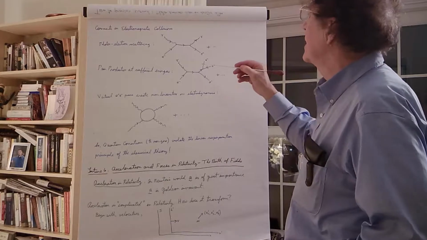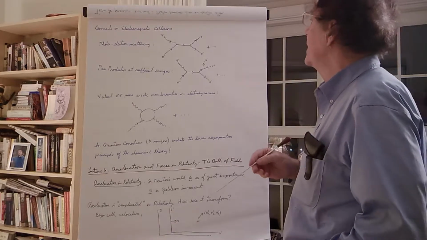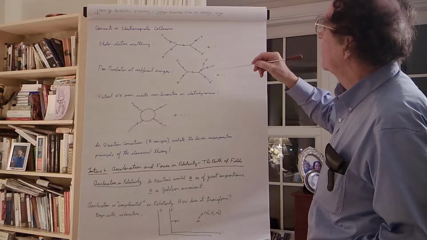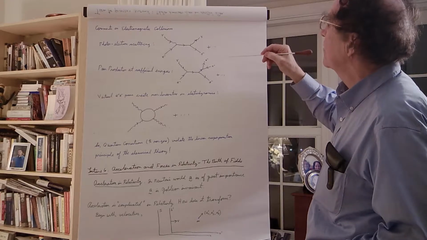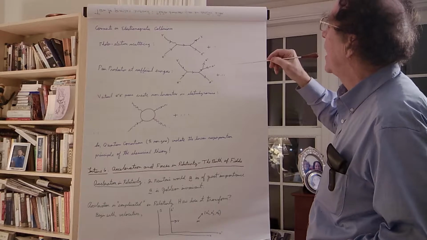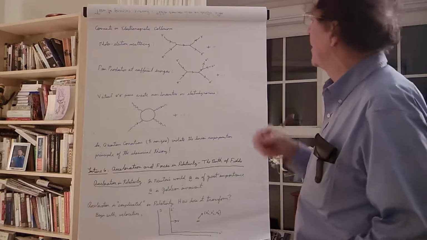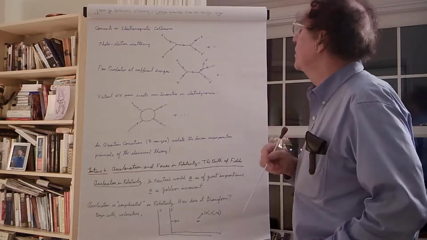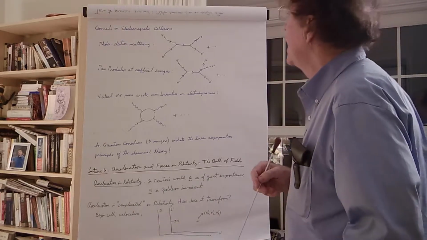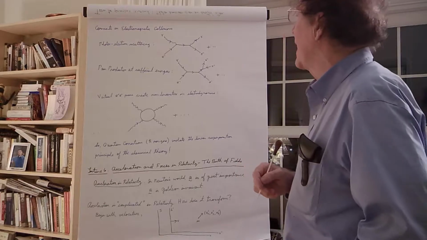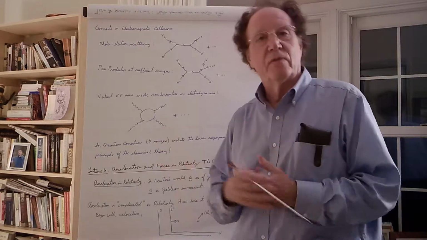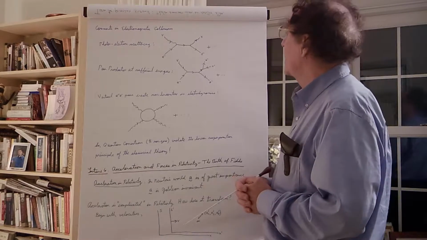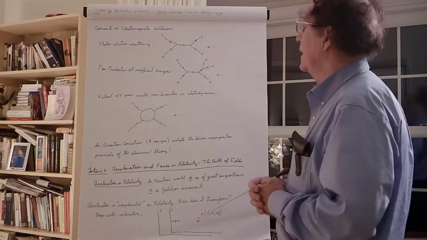I can make a collision that's energetic enough so that this photon doesn't come out, but rather the photon couples to a new state of matter called a positron, and a positron and an electron come out. They're created at a point. Energy-momentum is conserved throughout the entire process, and I create a new state of matter. That's what you're shooting for when you make a collider, when you make an accelerator.